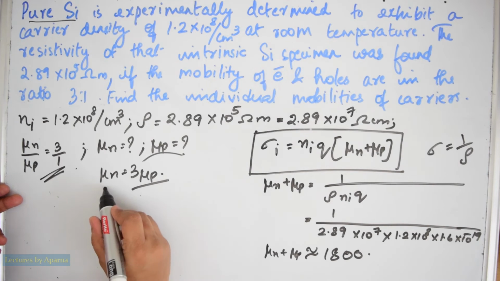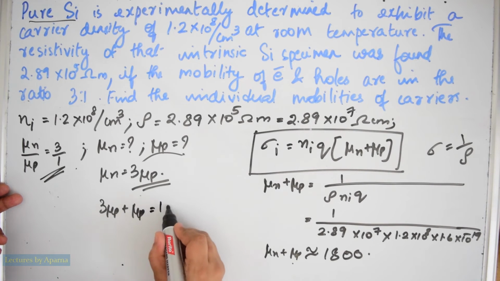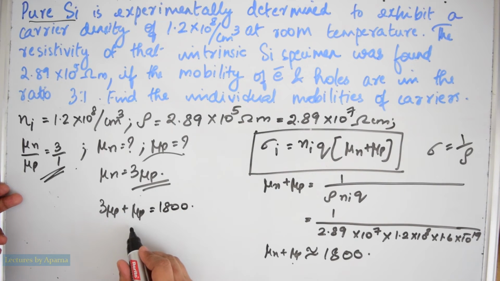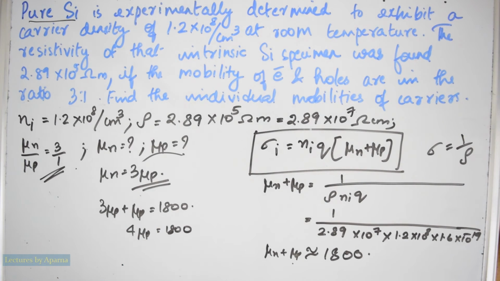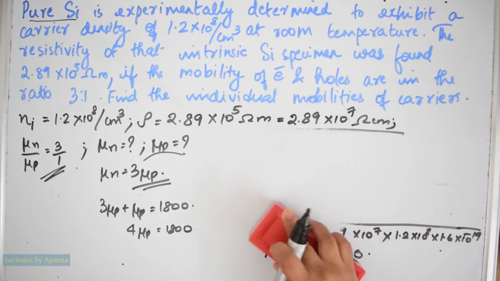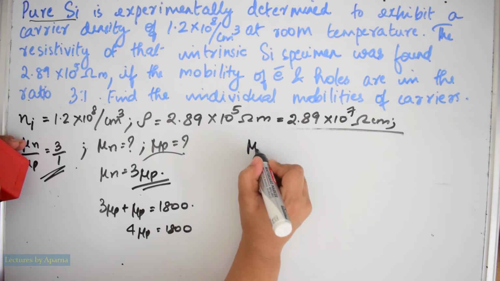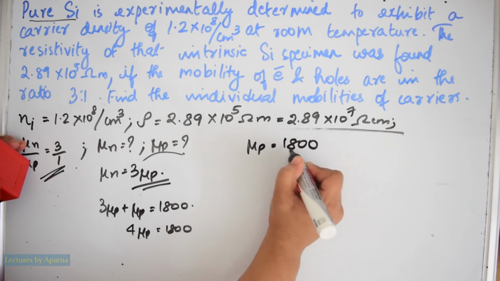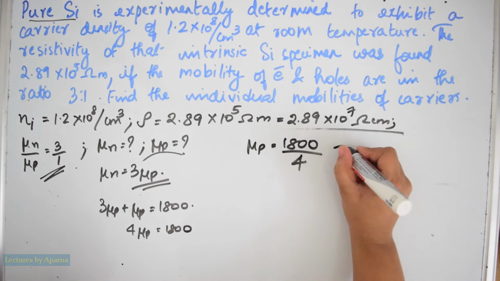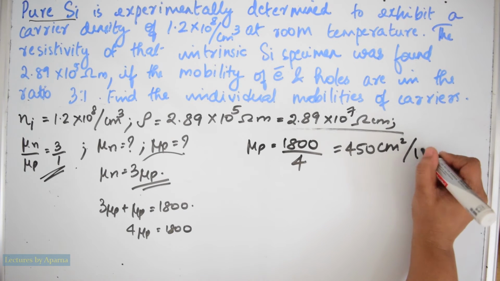We get 3 mu p plus mu p is equal to 1800, or 4 mu p is equal to 1800, or mu p is equal to 1800 divided by 4, which will be equal to 450 centimeter square per volt second.